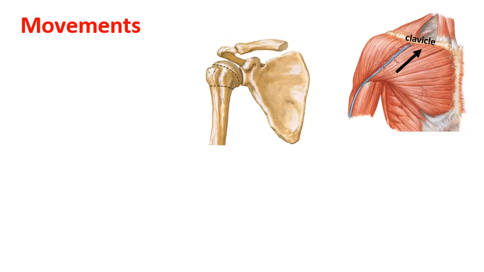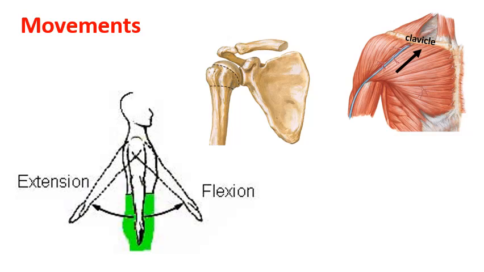Okay, so the first movement we have is the flexion movement and then the extension movement. The flexion movement is moving the humerus forwards or anterior. Extension is moving the humerus posterior. If we look at the third picture of the muscles, we have the deltoid muscle, which surrounds the shoulder.